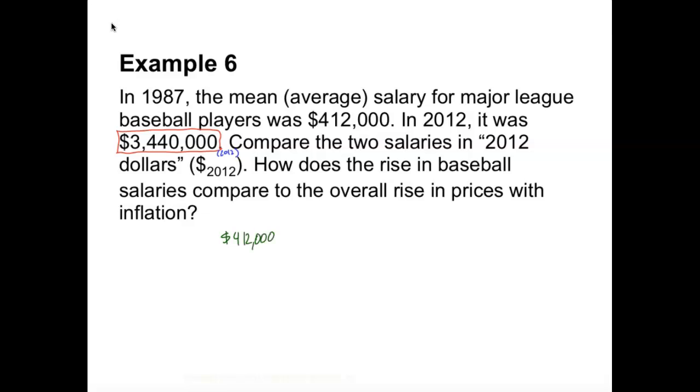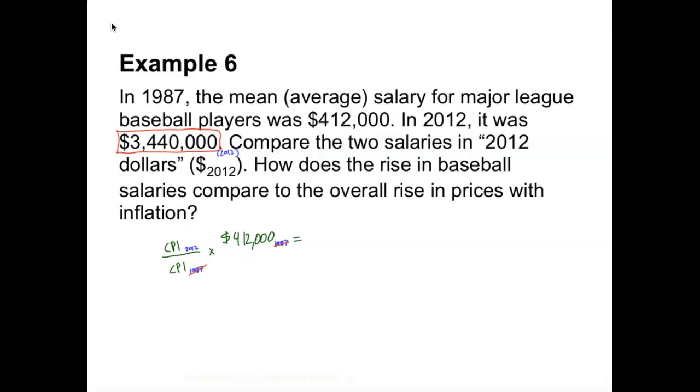So I'll make a little note there, 1987. And what I want to do is convert that to 2012 dollars. So I'm going to multiply that by my CPI in 2012 because that's the year I want my dollars to end up being in. I'm going to divide by my CPI in 1987, and that way those years will cancel and I'll just end up with 2012 dollars.